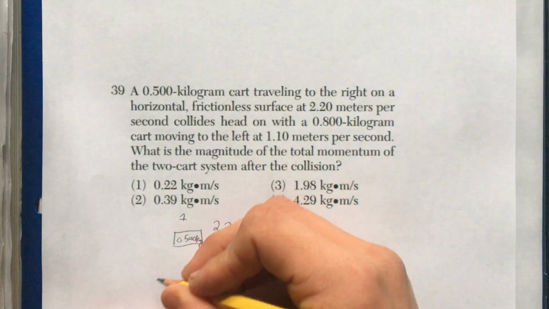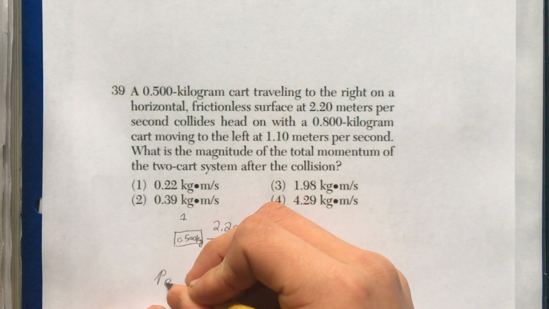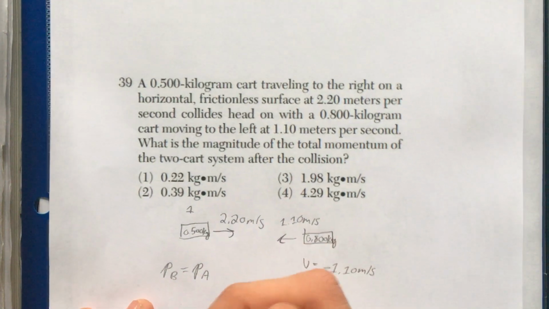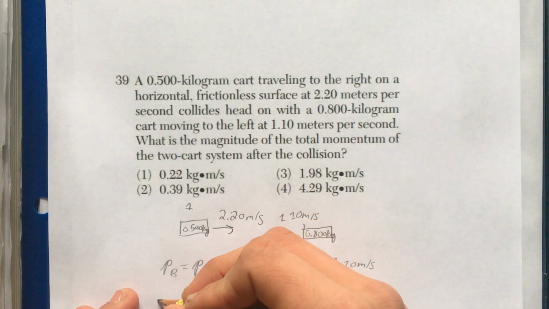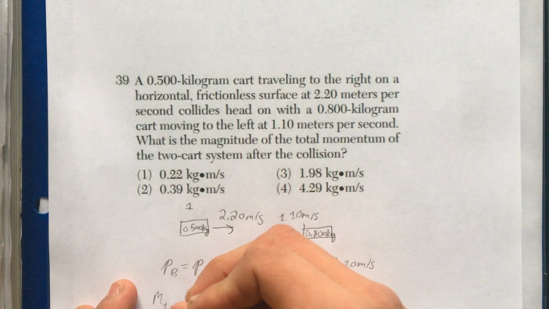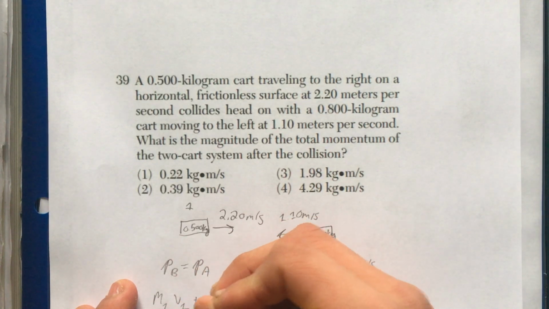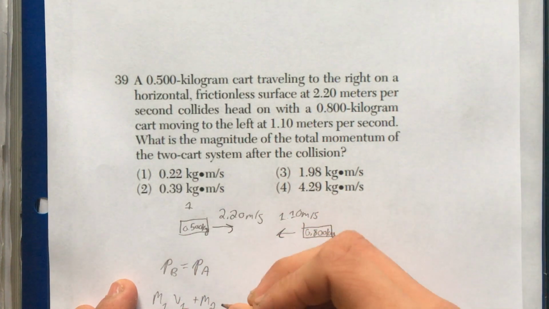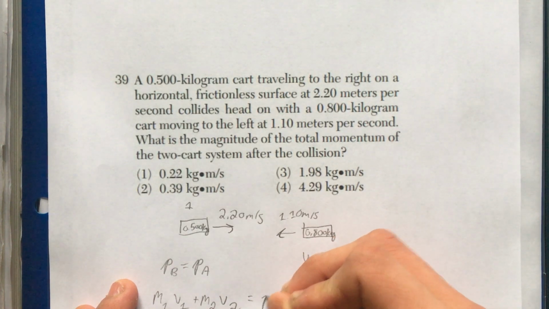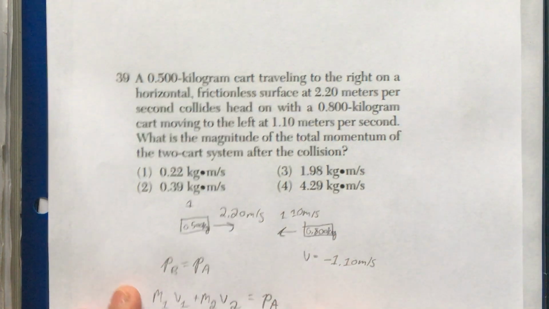So now we can use momentum before is equal to momentum after. And we know the momentum before is going to be the mass of cart 1 times the velocity of cart 1 plus the mass of cart 2 times the velocity of cart 2, equal to the momentum after the collision.